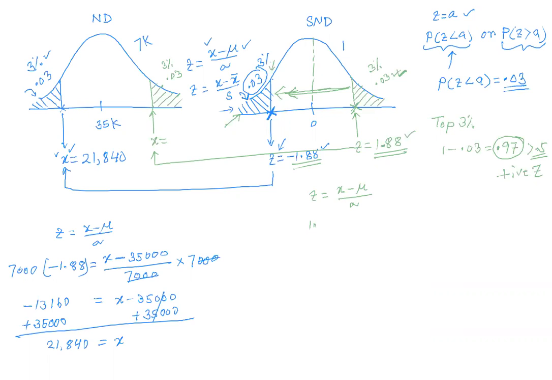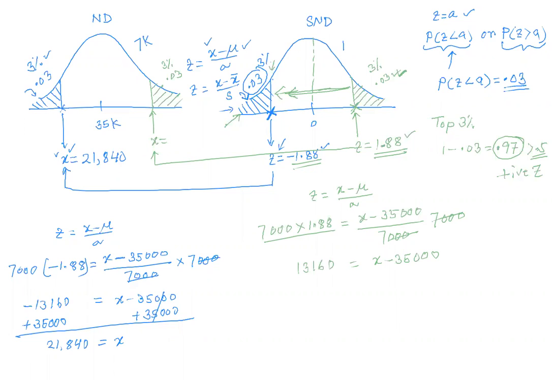Z is 1.88, which is equal to x minus 35,000, mu, all of it divided by the standard deviation, which is 7,000. Then you multiply both sides by 7,000. This and this cancel out. That gives you x minus 35,000.